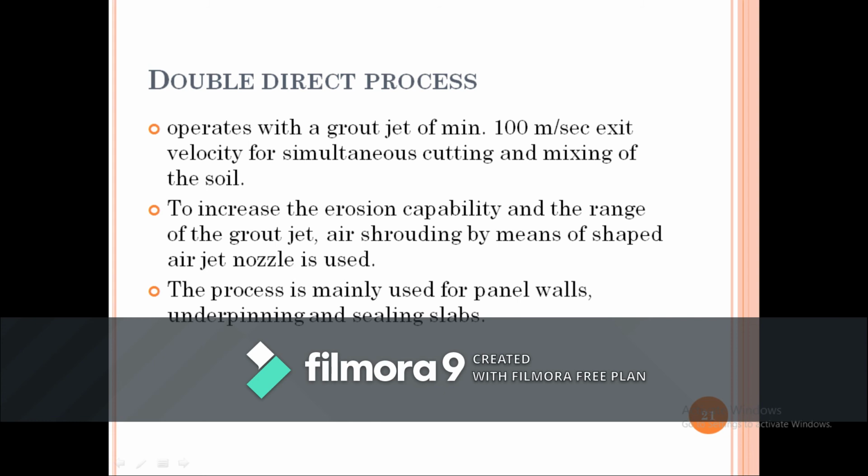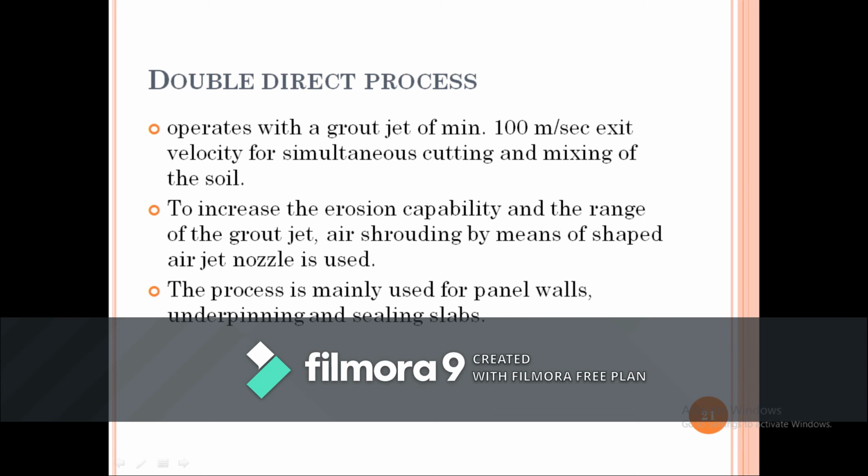So what are you going to use? You are going to use an edge jet nozzle wherein you are going to send air. The process is mainly used for panel walls, underpinning and ceiling slabs. So where do you use this double direct process? In panel walls, underpinning as well as ceiling slabs we use it.